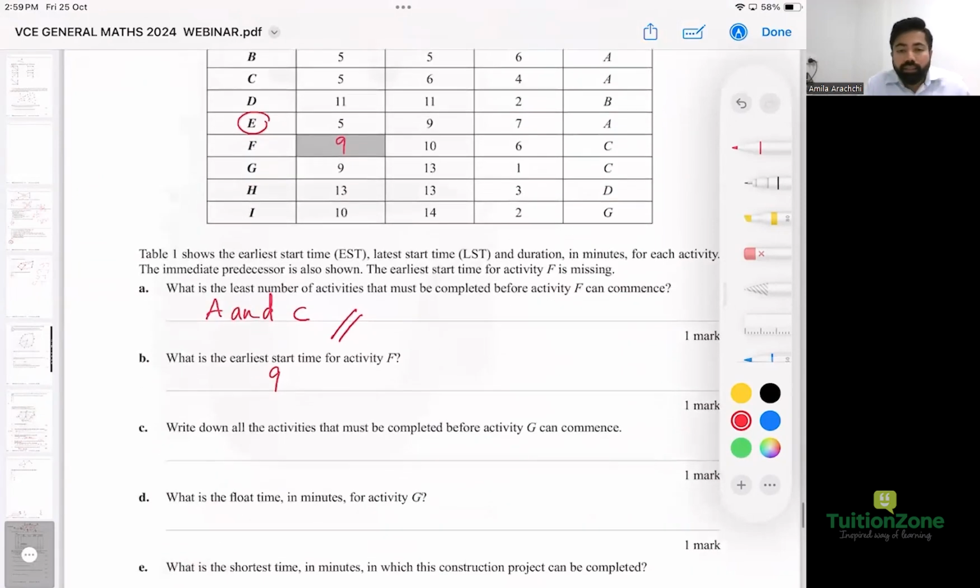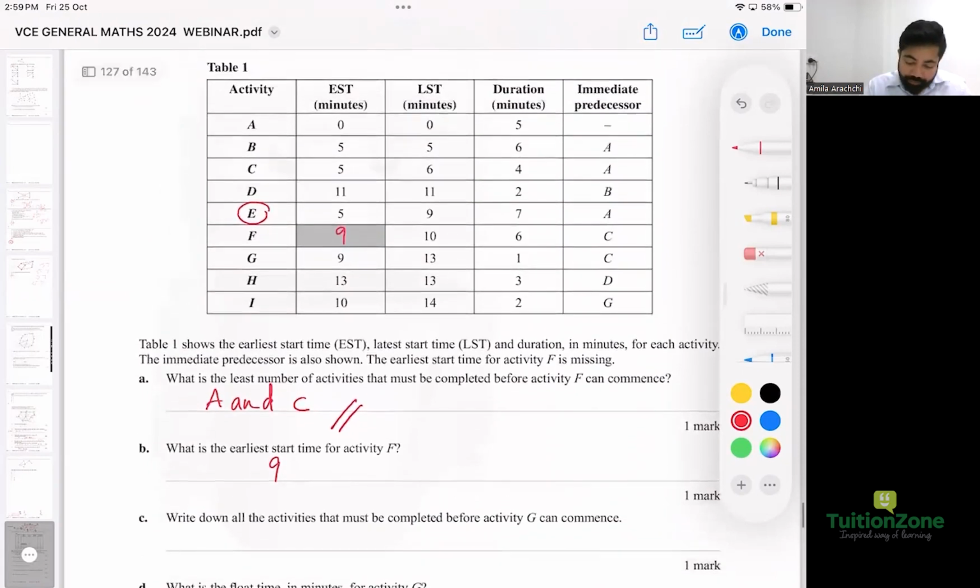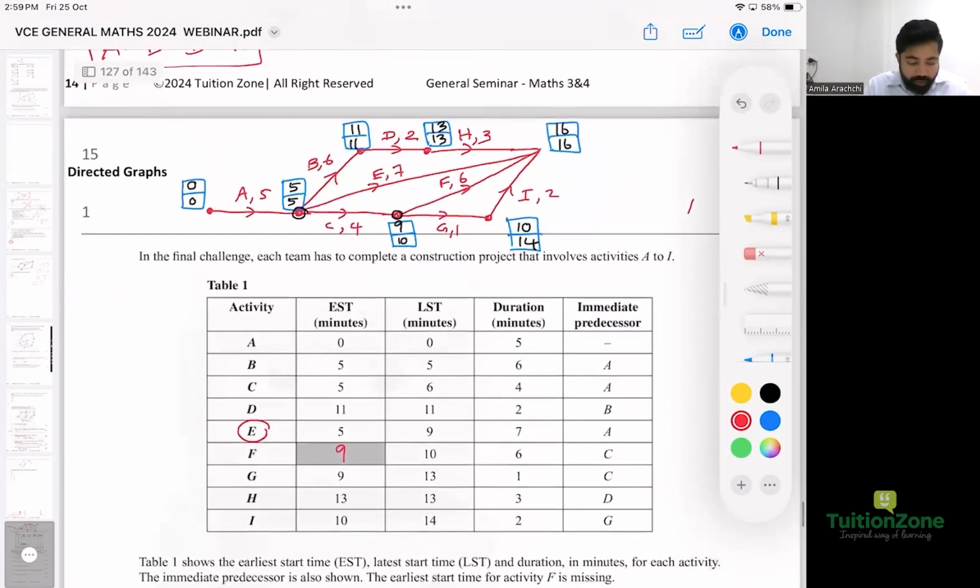And then write down the activities that must be completed before activity G can commence. What's the answer? That's G. I think it's the same as before, isn't it? To complete the G, you have to complete the A and the C again.